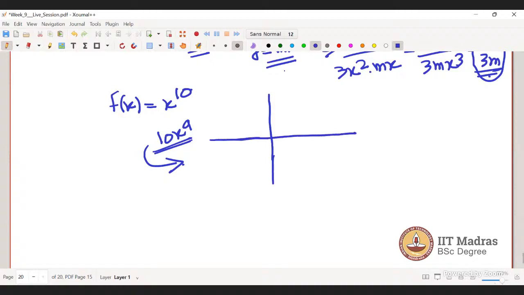If you draw the graph, then certainly the rate of change is different. Let's say forget about x^10, you can take x^3 or simply x squared. For here also, the rate of change is different, right? If you draw the graph, then certainly it's not a linear graph. So here the rate of change is different.